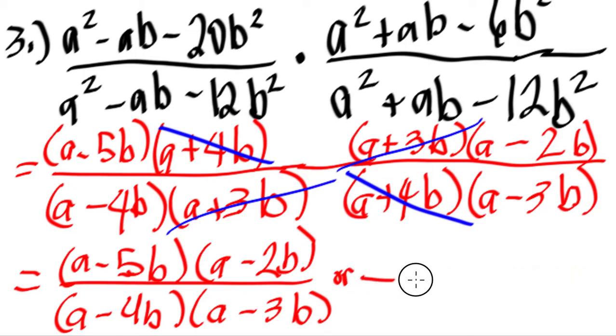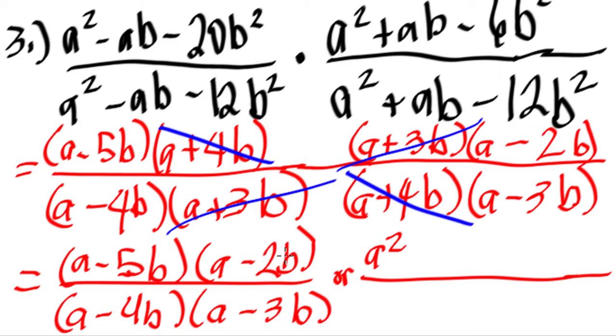It can be written as something like, so we're going to use the FOIL method. A times a is a squared. A times minus 2b is going to give us minus 2ab. Negative 5b times a is going to give us minus 5ab.